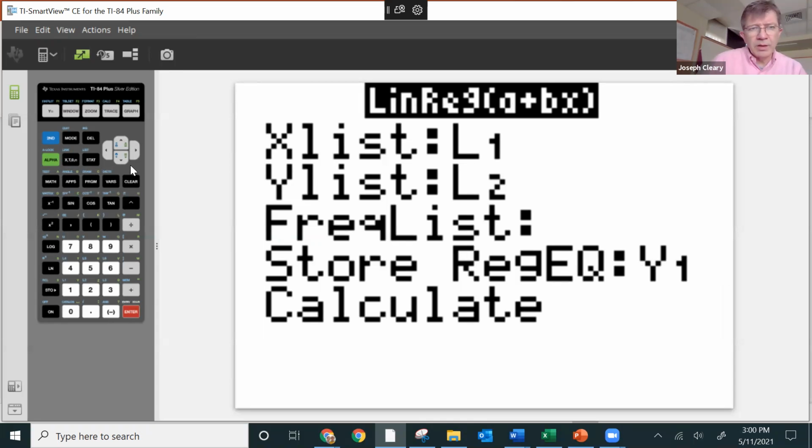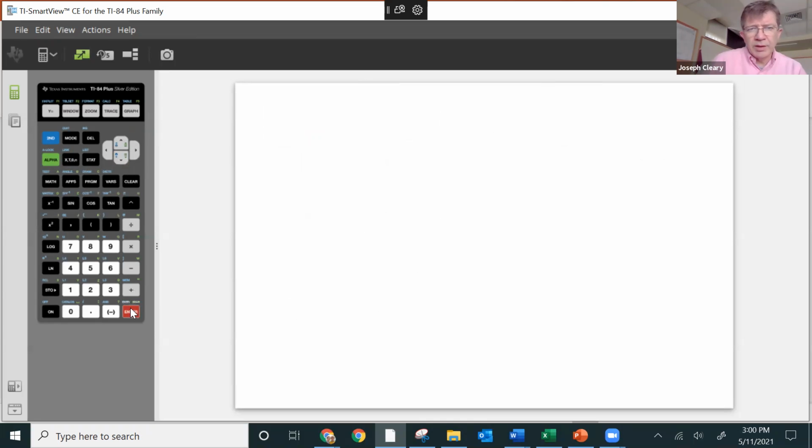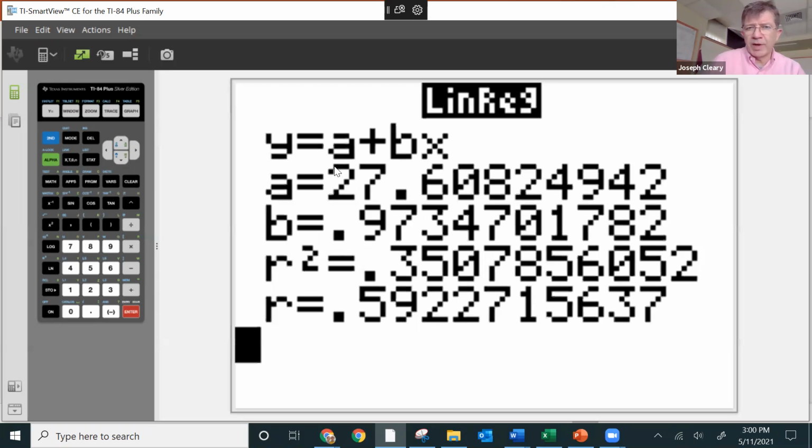All right, and then I'll go ahead and calculate. And this tells me that my y-intercept would be 27 milliseconds, that my slope would be 0.97, meaning that for each increase of a millisecond in my dominant hand, my non-dominant hand would also increase 0.97 milliseconds.